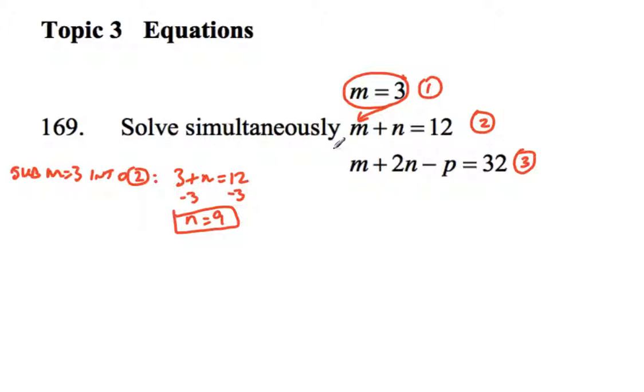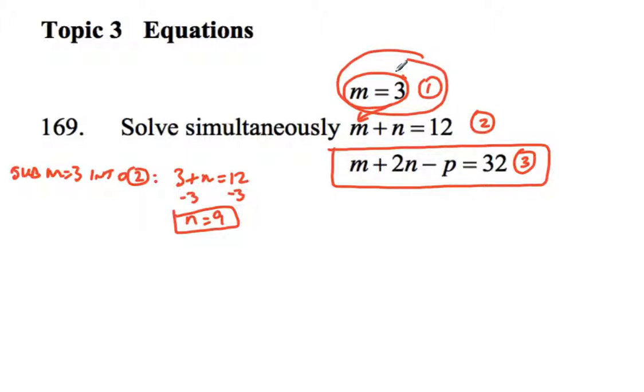So now equation 3, we're going to substitute in m equals 3 wherever there's an m, n equals 9 wherever there's an n, and then we should just have p on its own here. So instead of m, I'm going to put a 3 plus 2 lots of n, but I know that n is 9 here, minus p equals 32.